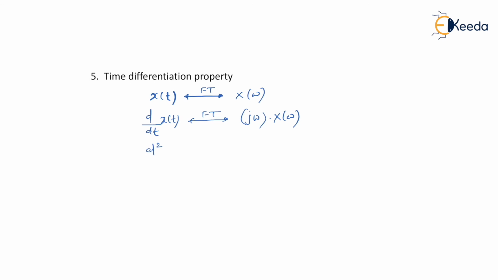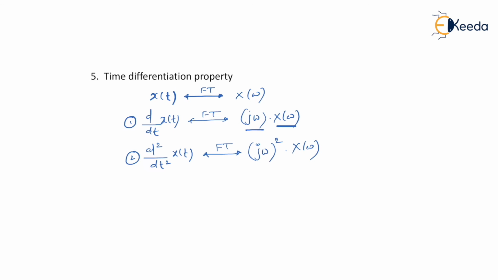In case you take a double derivative, that is d square by dt square of x of t, then the Fourier transform is (j omega) whole square times X of omega. So in the first case we have a single order derivative, and X of omega is just multiplied with j omega.